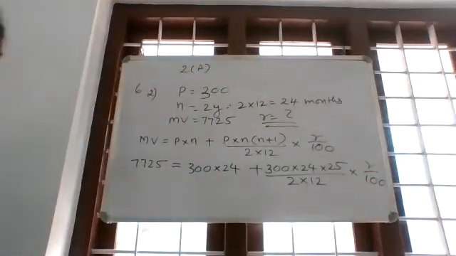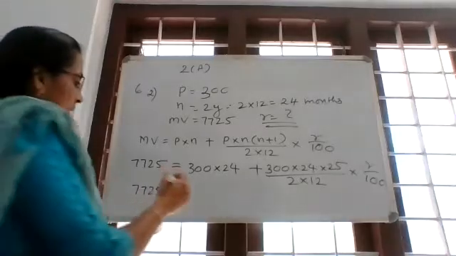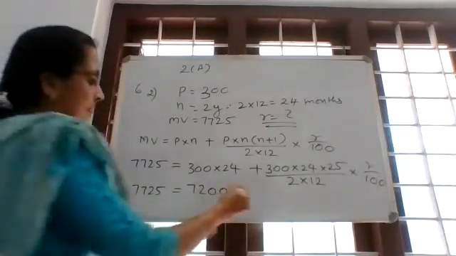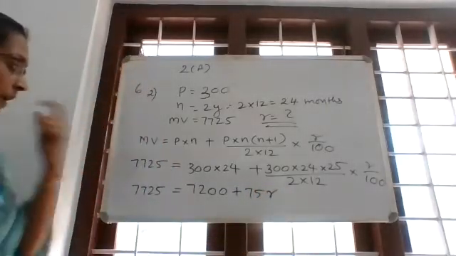So after cancellation, 7200 plus 75R. Does anyone have any doubt in that cancellation?